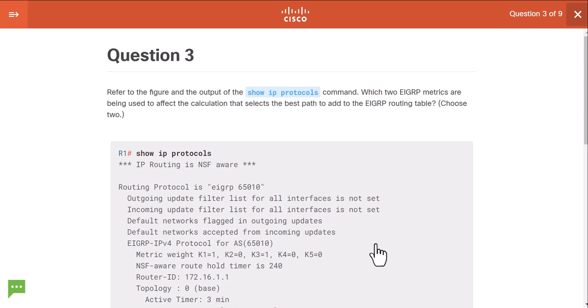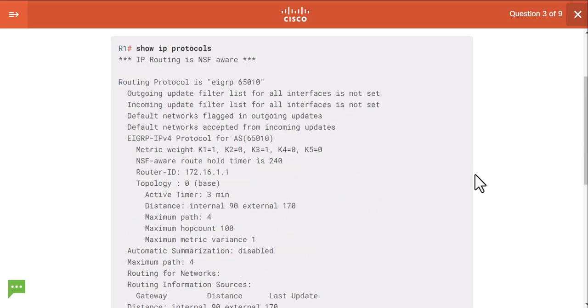Refer to the figure and the output of the show ip protocols command. Which two EIGRP metrics are being used to affect the calculation that selects the best path to add to the EIGRP routing table? Okay, let's take a look here.